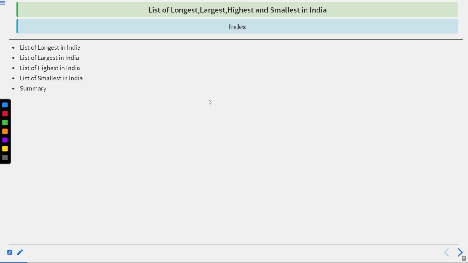This is the course of action: we are going to see the list of longest in India, list of largest in India, list of highest in India, and list of smallest in India. We will see them in this frame, and at last we will have the summary of all the things that we will discuss in this particular lecture.